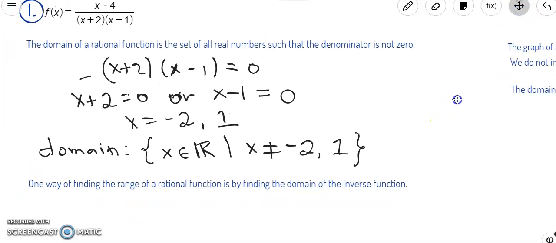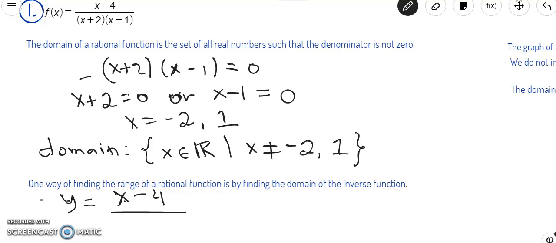So, magiging, yung f of x, gagawin natin y. So, magiging y is equal to x minus 4. So, imumultiply ko na ang denominator.